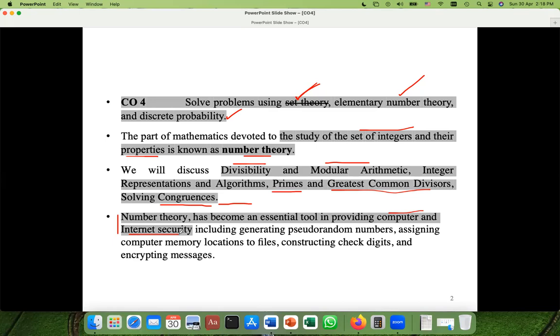Some examples: when a machine produces random numbers, pseudo random numbers, you are using number theory. When your machine is assigning memory locations to files, you are also using number theory, and there are many other examples.